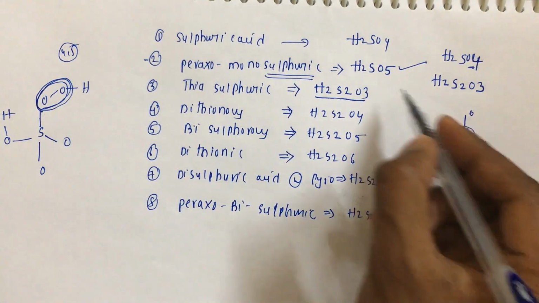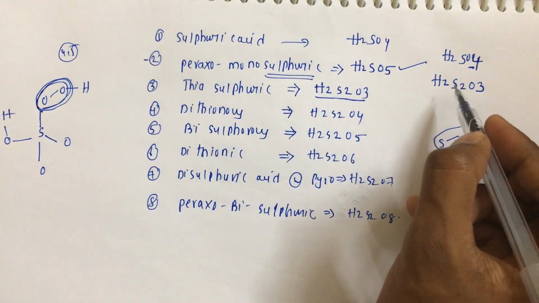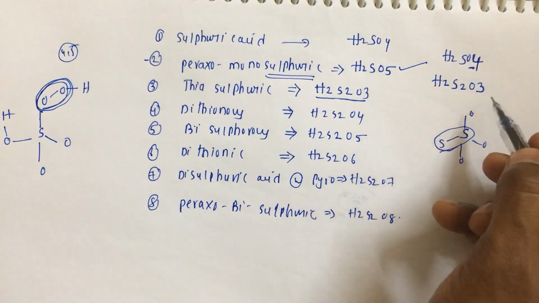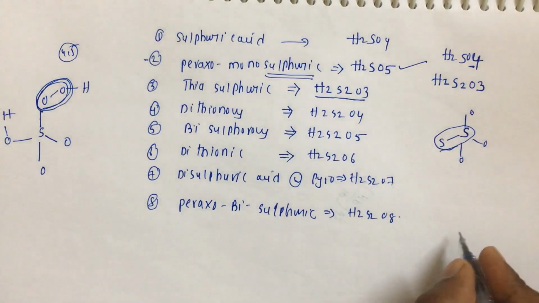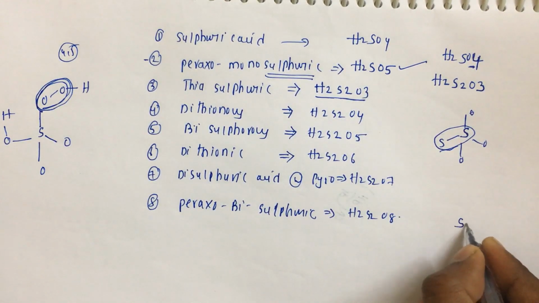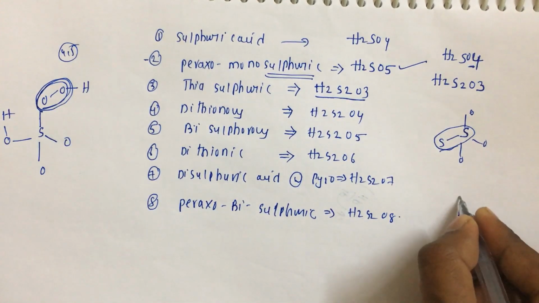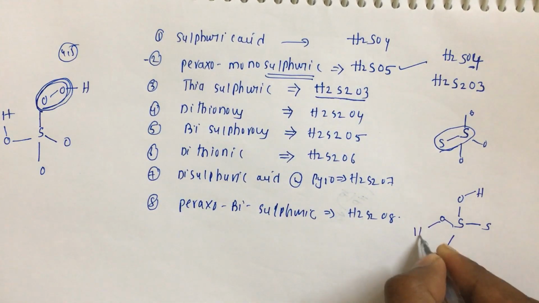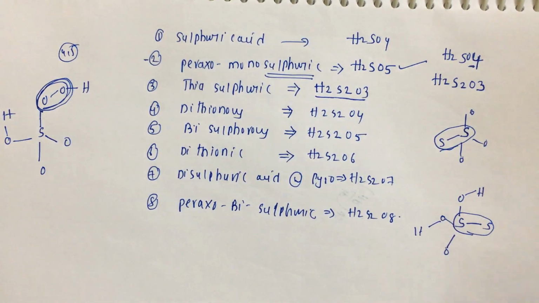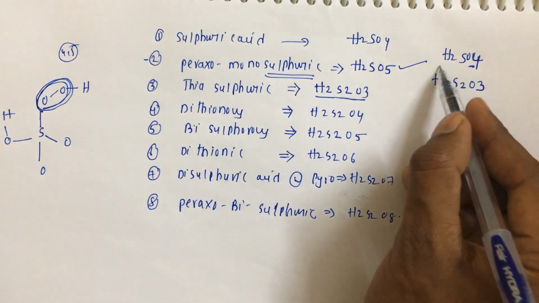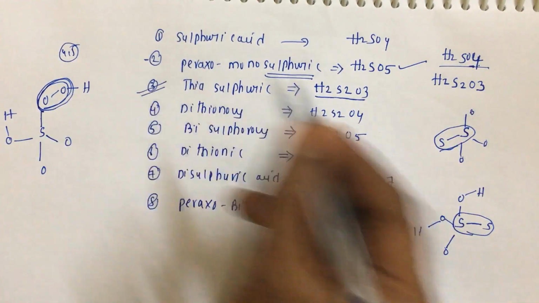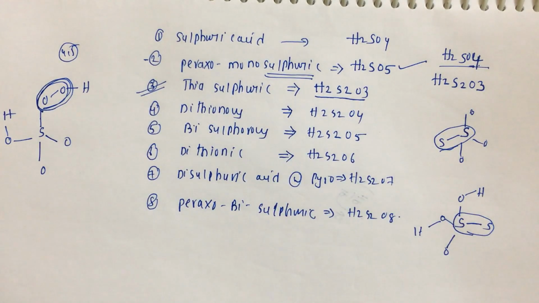Okay, and here H2S2O3, if we see the structure, the structure will be like this. Yes, this will be the structure. So here also we have a thia, so that's why this is H2SO4, instead of one oxygen one sulfur is there, so we call it a thiosulfuric acid.